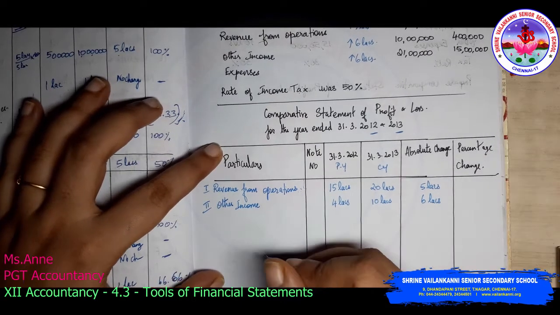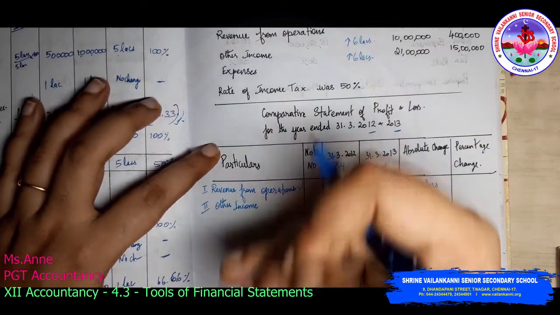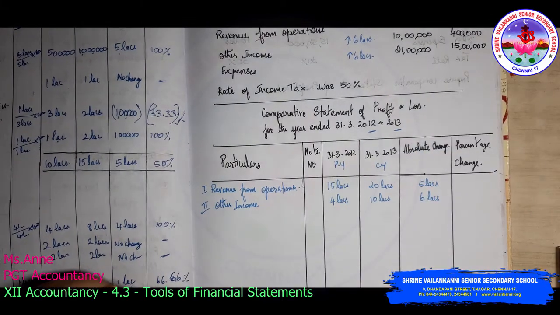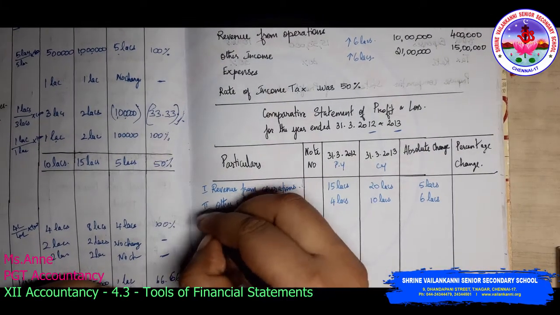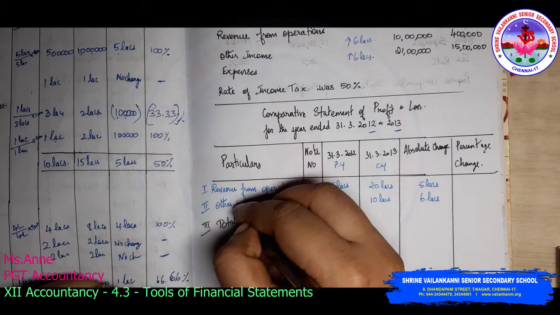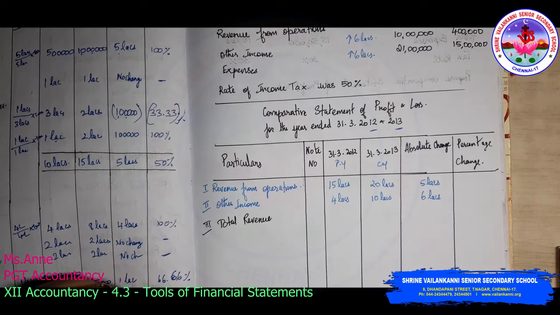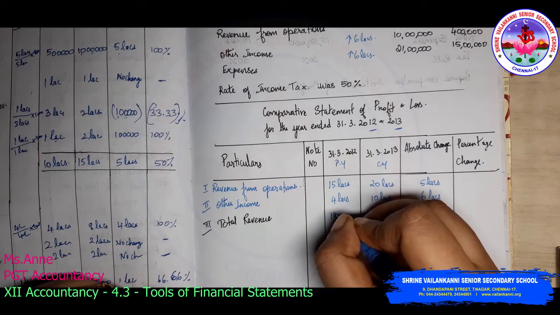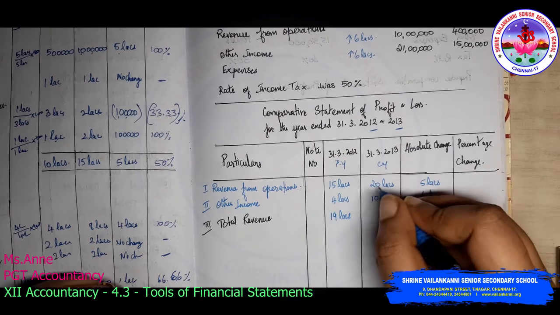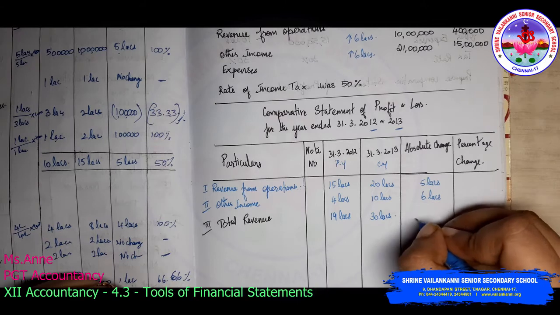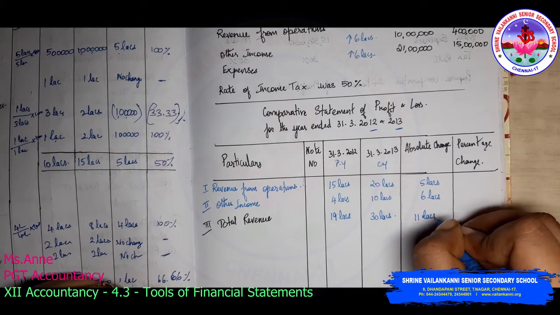Because I need to write the format of profit and loss, I need to write the total revenue. I am going to add these both. Total revenue will be 19 lakhs and 30 lakhs. Now the change is 11 lakhs.